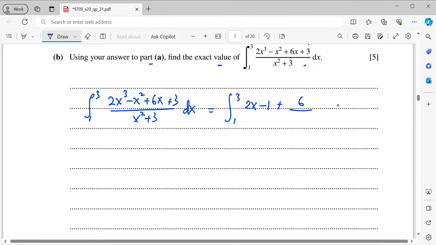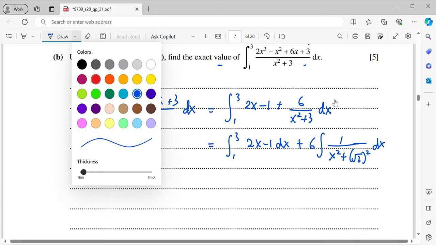The divisor is x squared plus 3. So I will split into two integrations. The first is integrate 1 to 3, 2x minus 1 dx. And the second integration, I factorize the 6. Then I will change it to x squared plus square of square root 3.